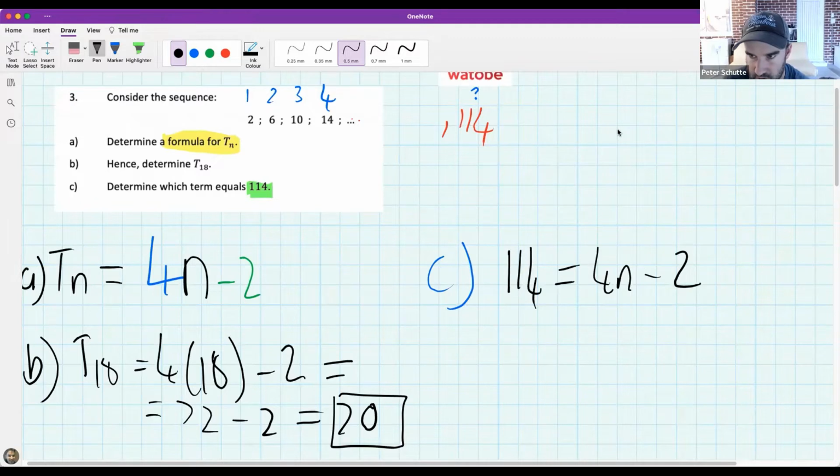Thank you so much, Tando. When you're finding the position number, the n value, you can't sub into the n. The key thing in this question is that you needed to sub the 114 into where the tn was. And that's what we did there.